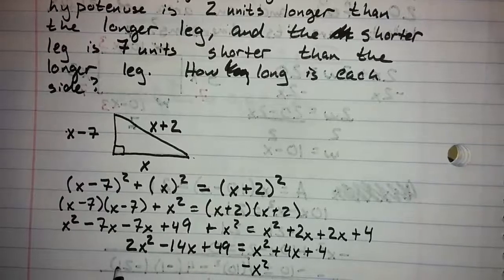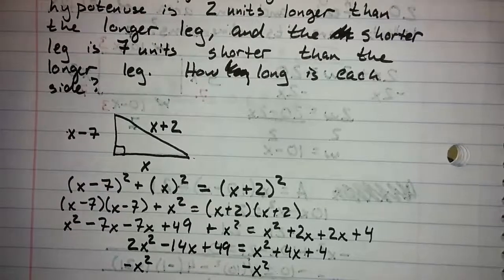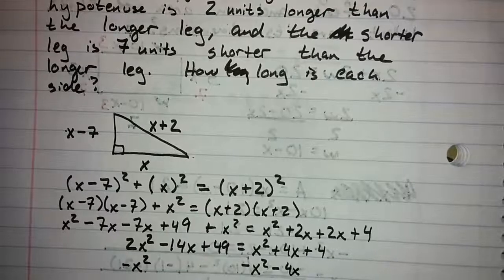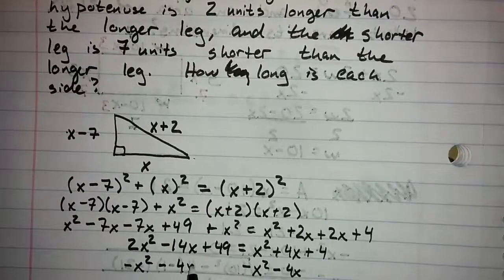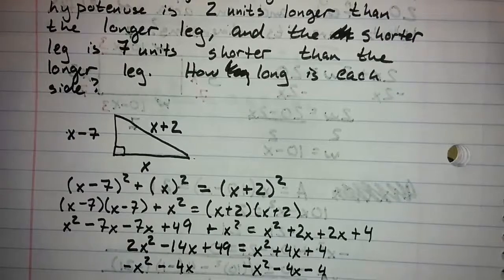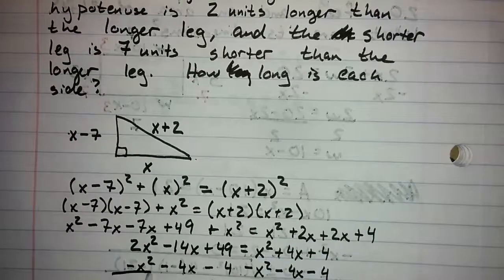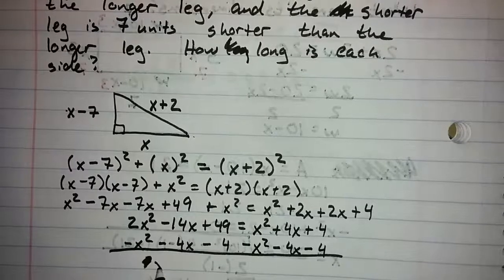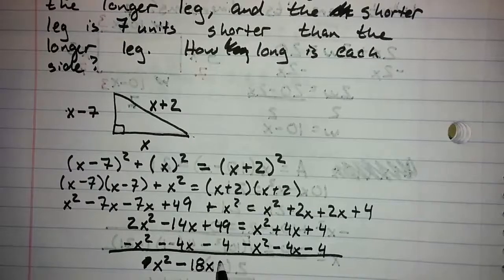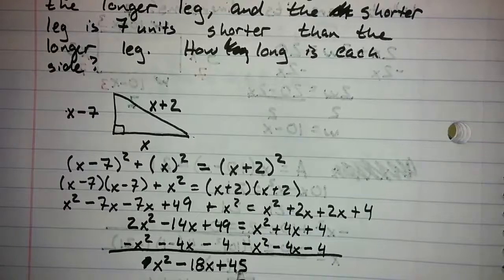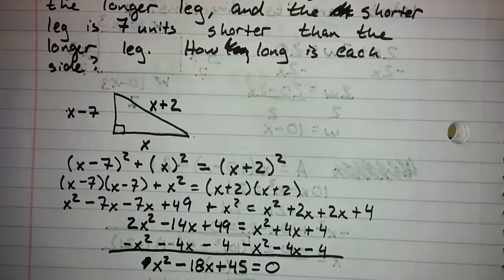Minus x squared on both sides, minus 4x on both sides, minus 4 on both sides. We'll get x squared minus 18x plus 45 equals 0.